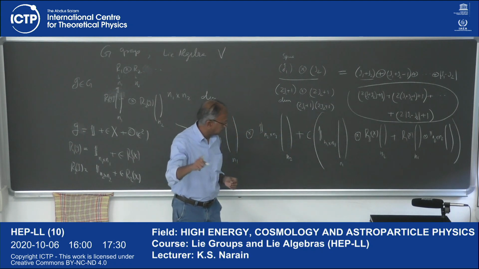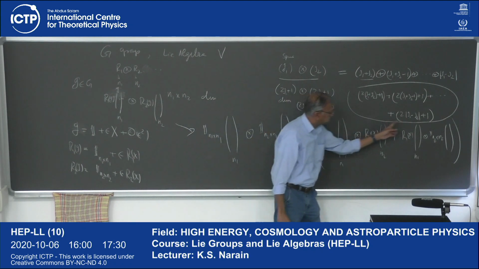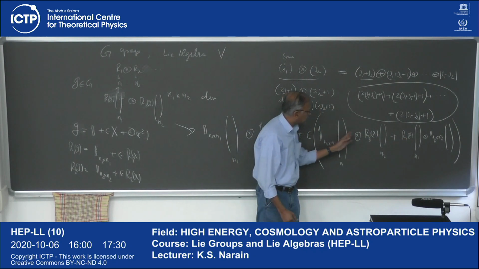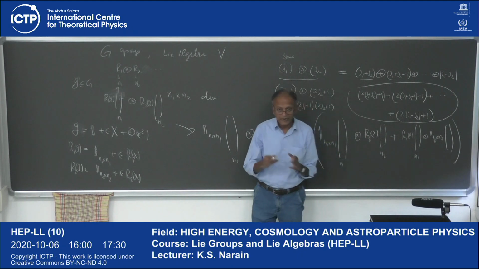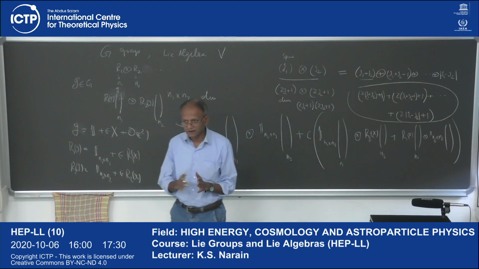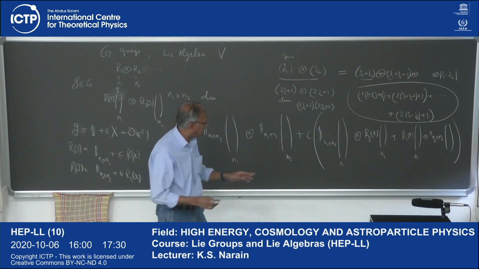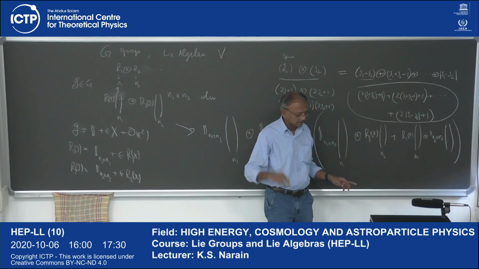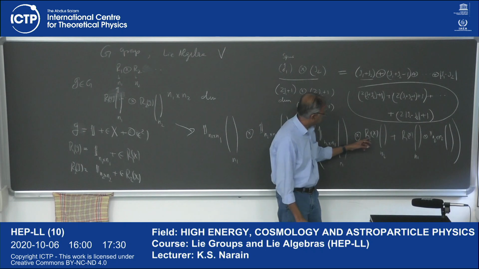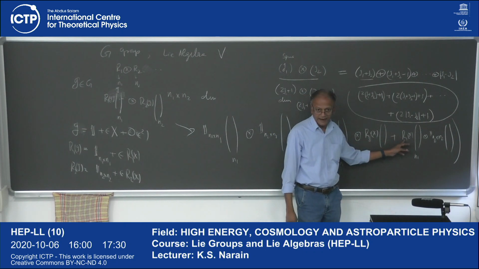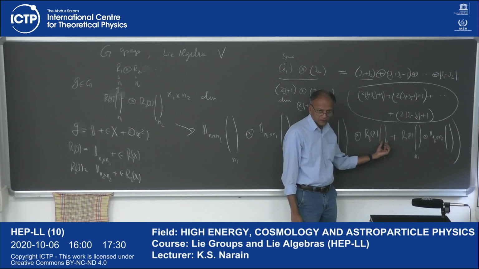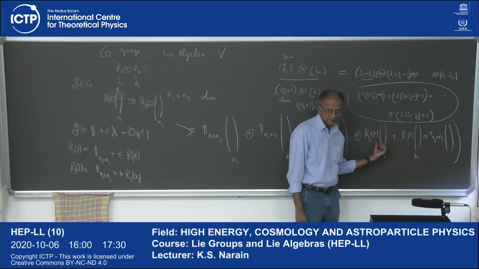Just one comment about this. What this means is, suppose I have diagonalized T3 in all these representations. So both R1, T3 meaning the SU2 T3 that we were talking about, and R2, T3 are diagonalized, which means we have chosen the eigenbasis for T3 on both representations.